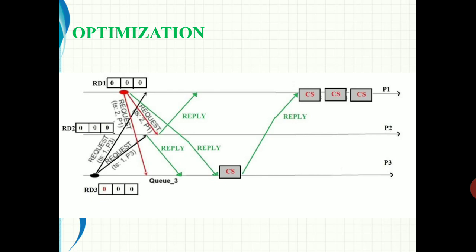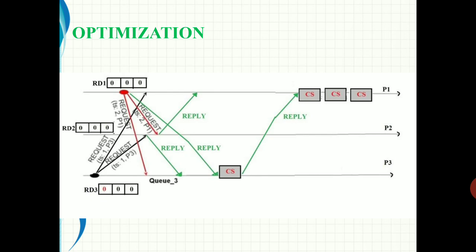That is the idea. Here, if the process P1 wants to enter the critical section again after executing the first critical section, then it can enter the critical section without sending any request messages to all other processes.